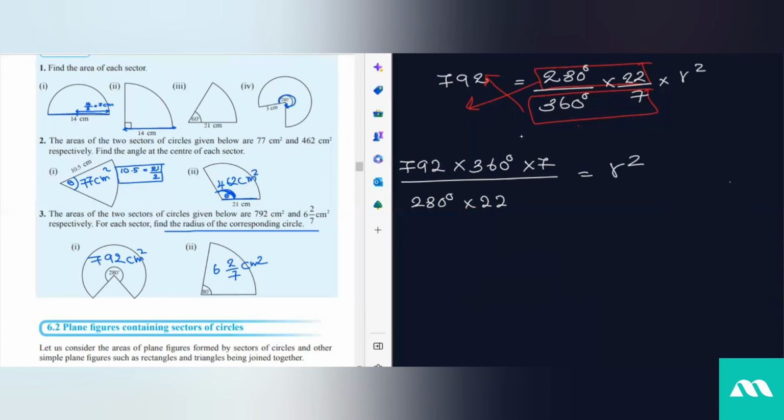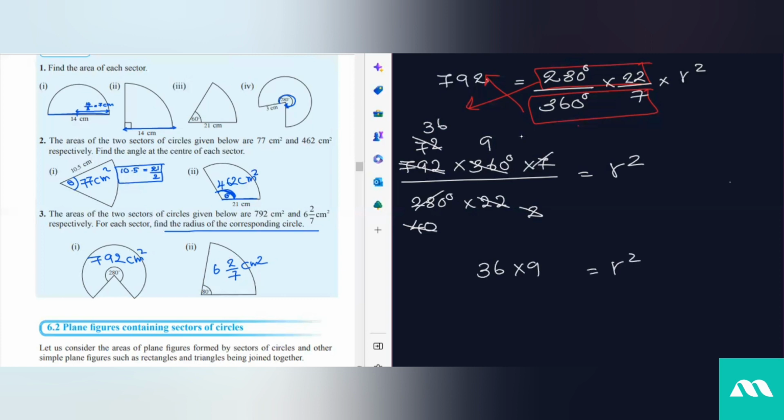Let's simplify. 3240 is 9 times 360, and 360 is 36 times 10. So 36 multiplied by 9 equals r square.